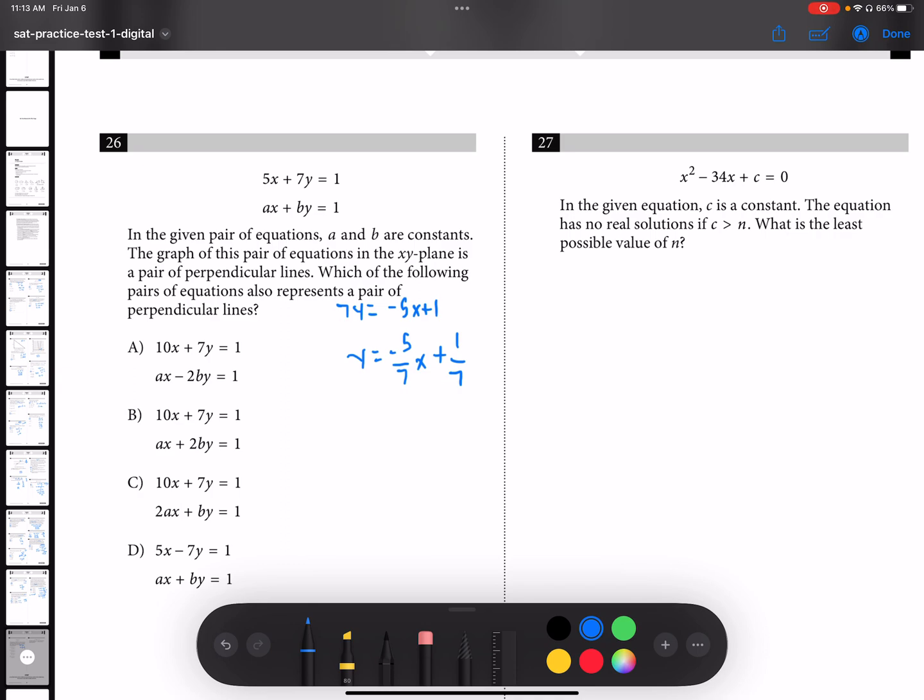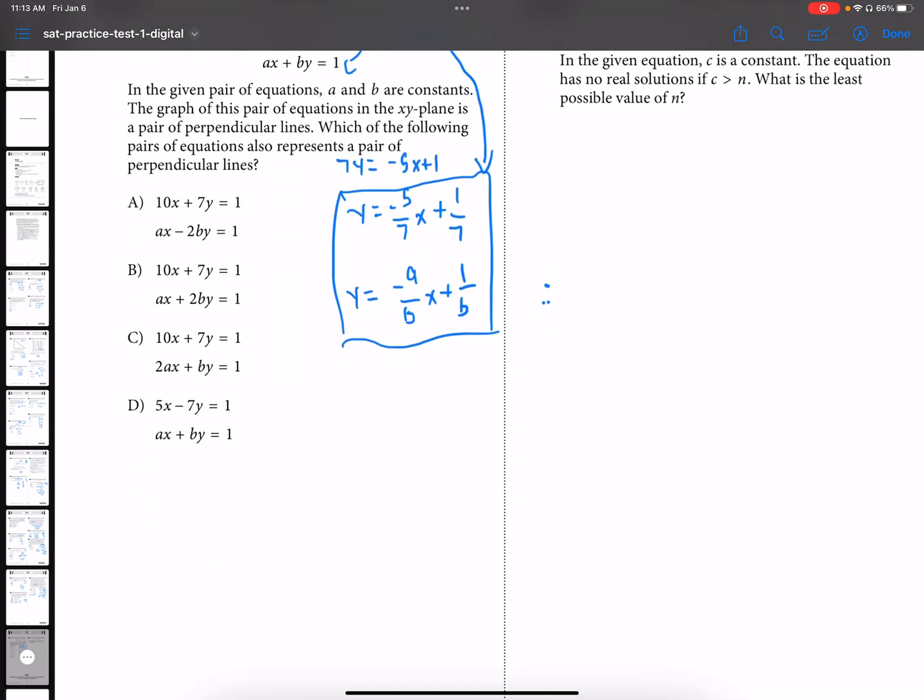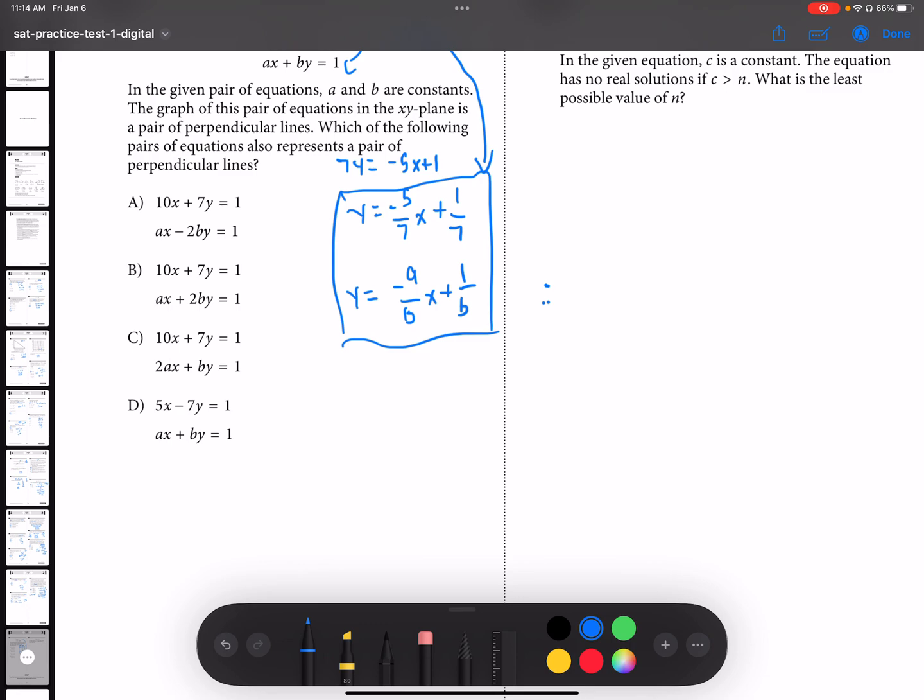We don't know the second equation yet, but to write this out, we'd get by is equal to minus ax plus 1. So then y is equal to minus a over b x plus 1 over b. Now we have these two equations in slope-intercept form. Now to find the negative reciprocal of both of these equations and put them in standard form.